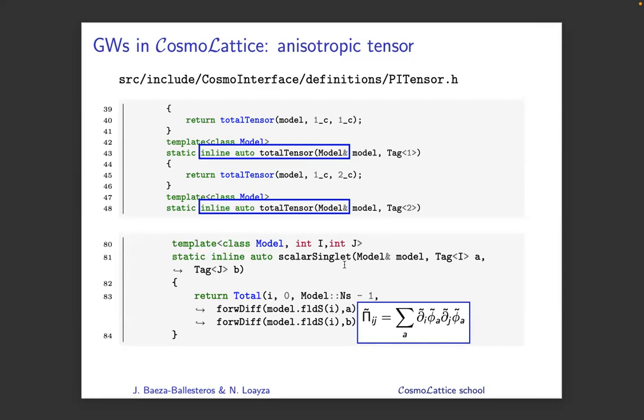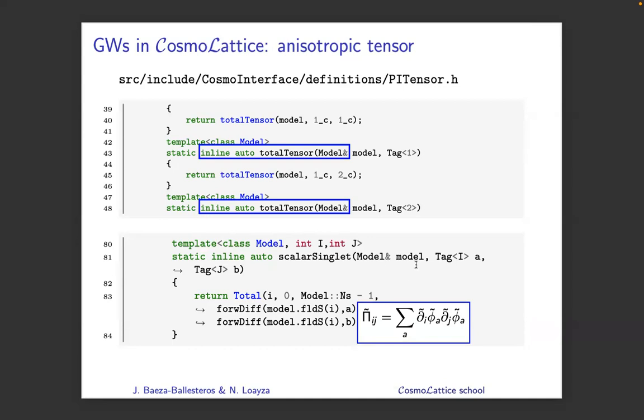So for example, scalar singlets. The source of scalar singlets is a product of gradients, and it's super easy to implement because CosmoLattice is written in such a way that you just need to write down the forward differential, which is a gradient of the field A in the I direction, and the gradient of the same field in the J direction, and you just multiply them, and that's how it's implemented.